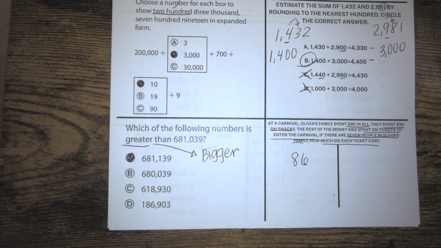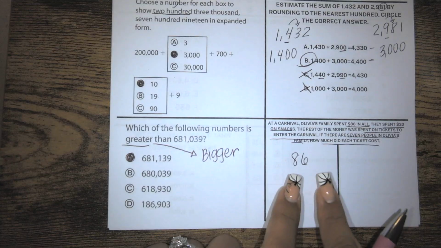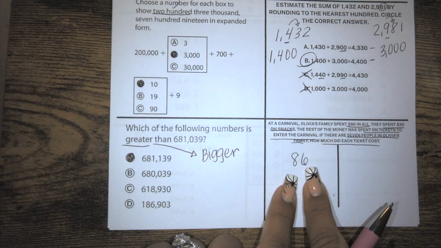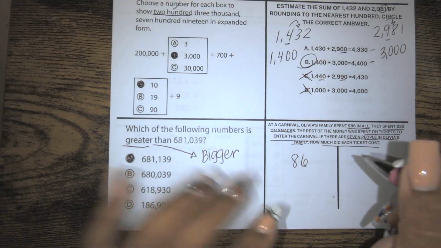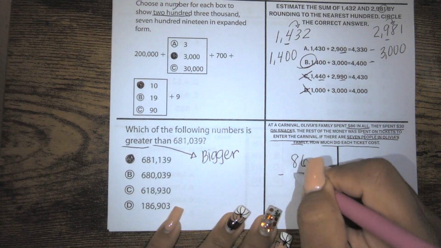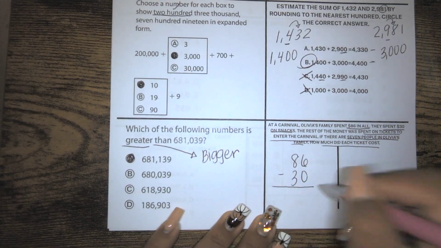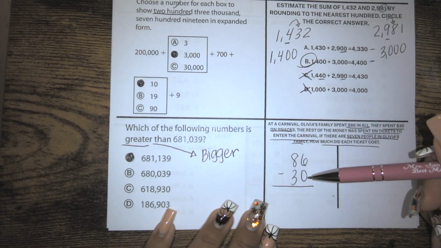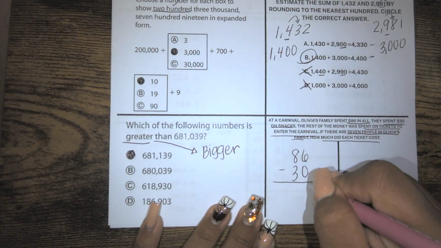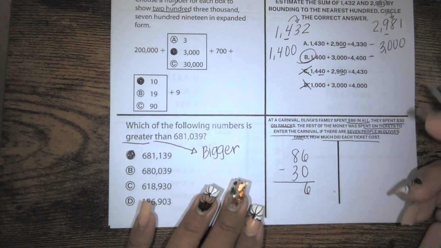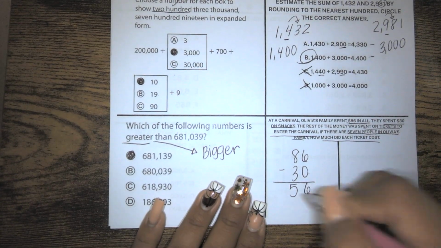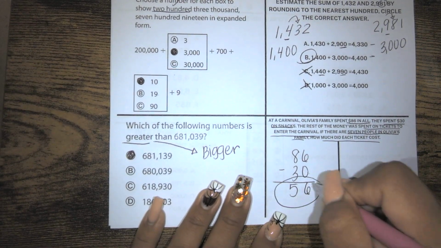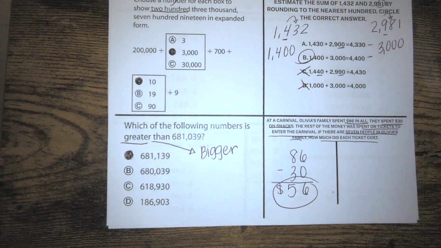So the first thing I'm going to do is take how much they spent, and then take how much was just on snacks. And I'm going to subtract it because I want to know how much more they spent on everything else. 6 minus 0 is what? 6. 8 minus 3 is 5. So $56 was spent on something else.